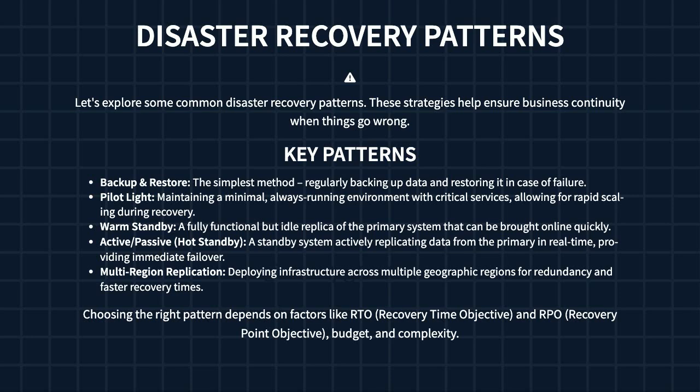Then you've got pilot light, which means keeping some critical services always running, ready to scale up when needed. Warm standby involves having a fully functional copy that's just waiting in the wings. Active/passive setups are even more involved, mirroring data constantly for instant failover. And finally, multi-region replication is about spreading your infrastructure across different areas, great for speed and resilience.